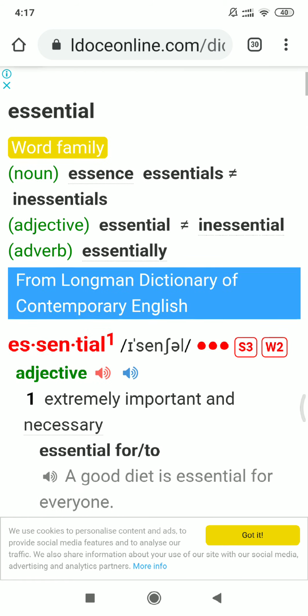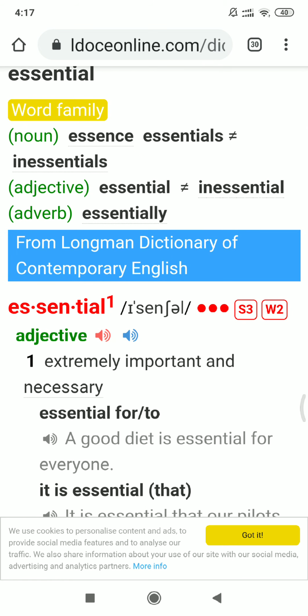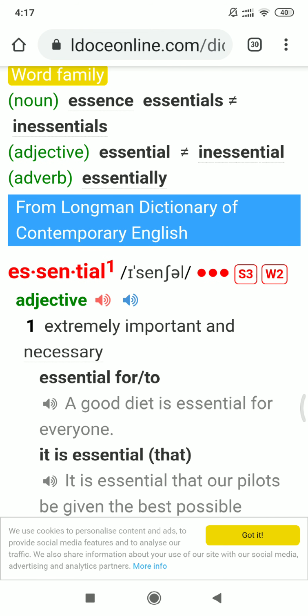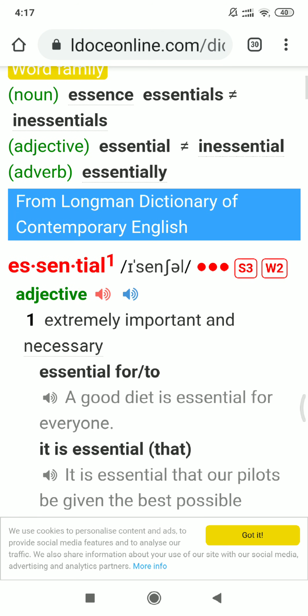But what is more important for me is the red part here that you see, the word written essential, and the Latin symbols next to it, which show you how to pronounce a word. But for many people who are not expert with this, you can use these two speakers, the one in red and the one in blue, because when you press them, you can hear the word pronounced in American or in British.